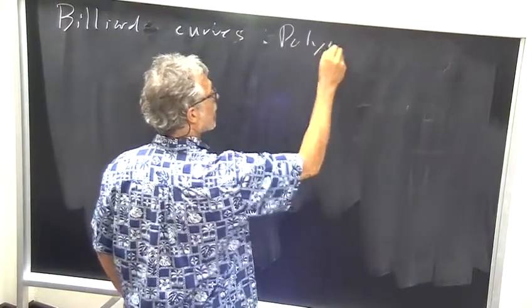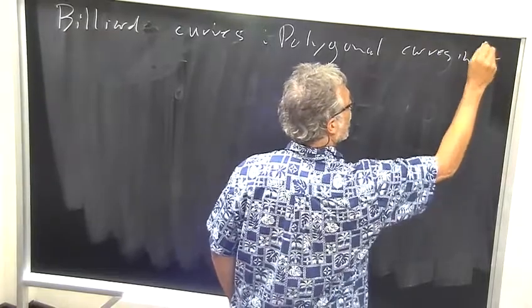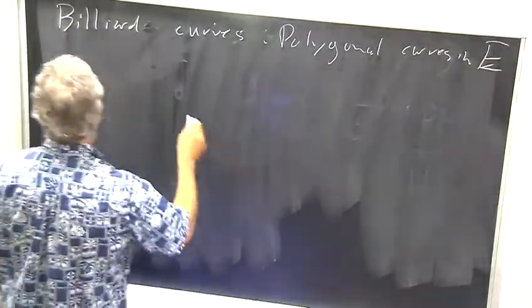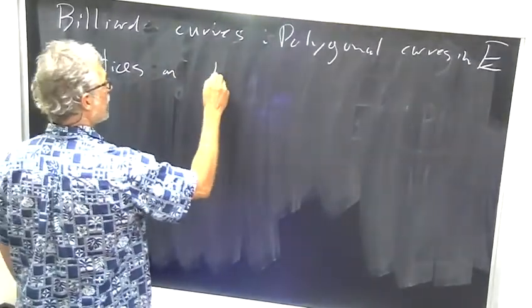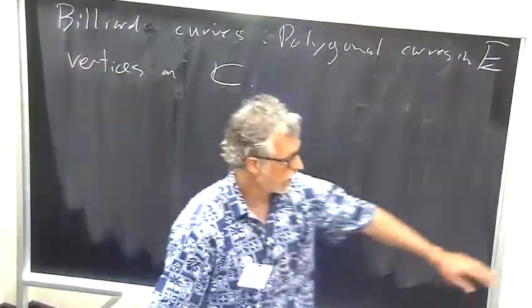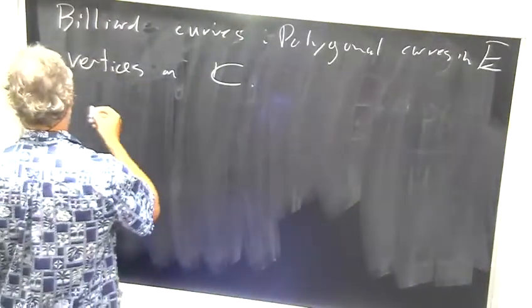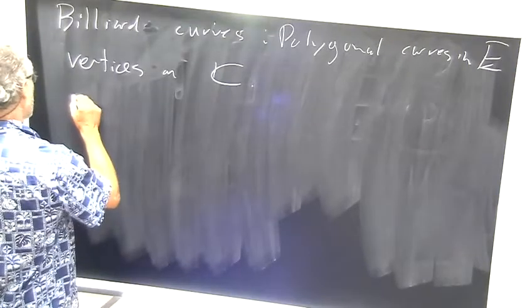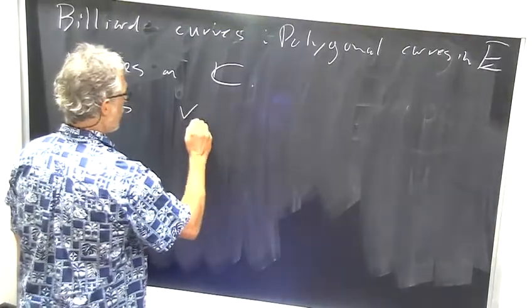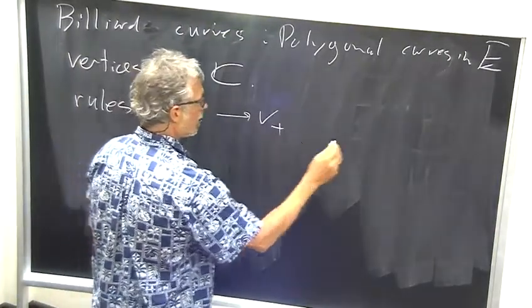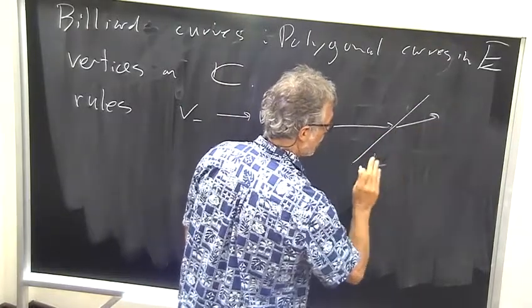So then the billiard curves, the trajectories, they're just polygonal curves in E, and vertices on C. The vertices all are in here. That's where you've hit the table, and you have these rules. So I hit an L and I come out.